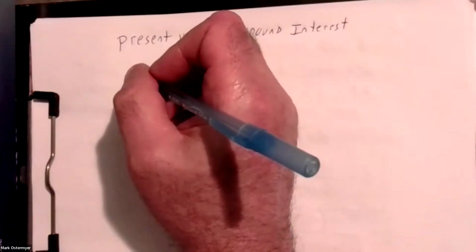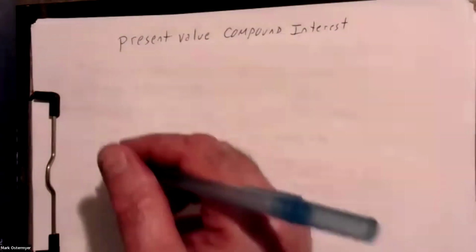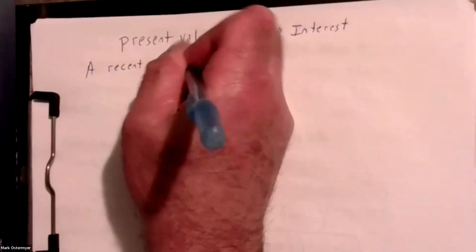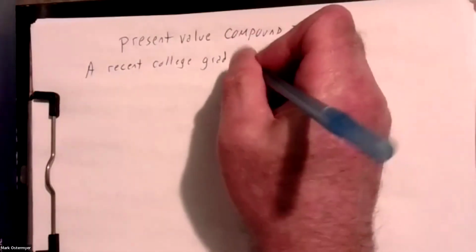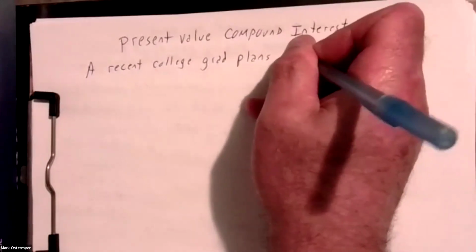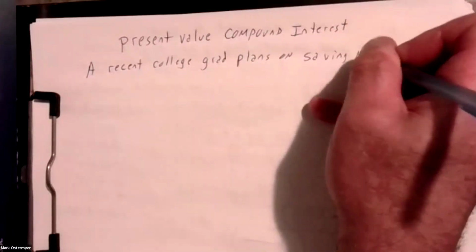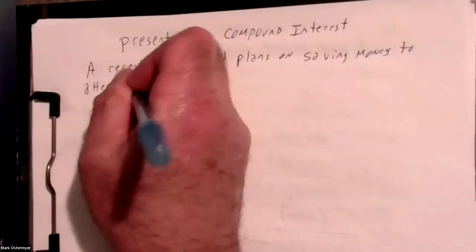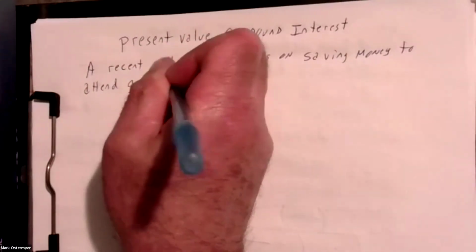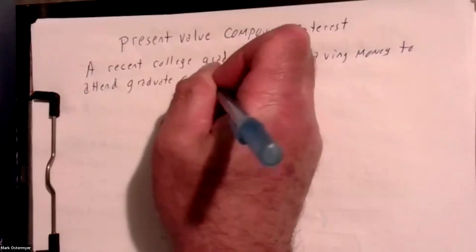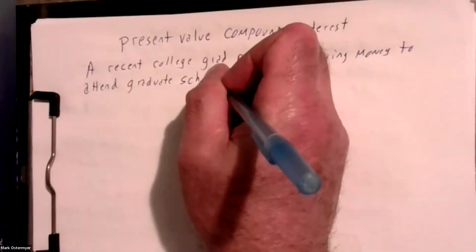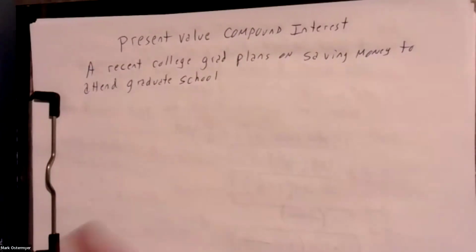And here's how it is worded. A recent college grad plans on saving money to attend graduate school in 6 years.